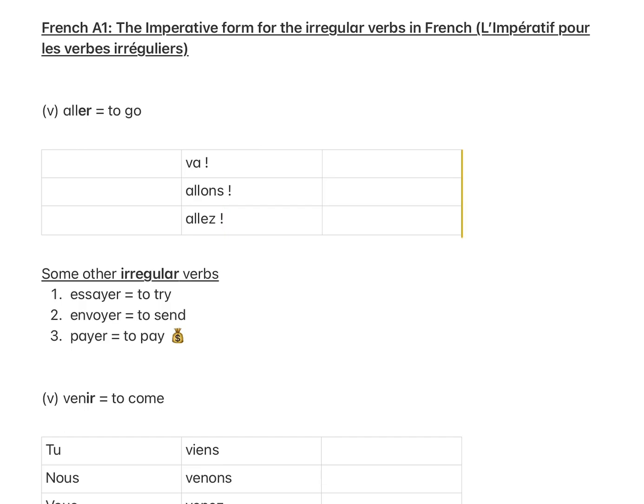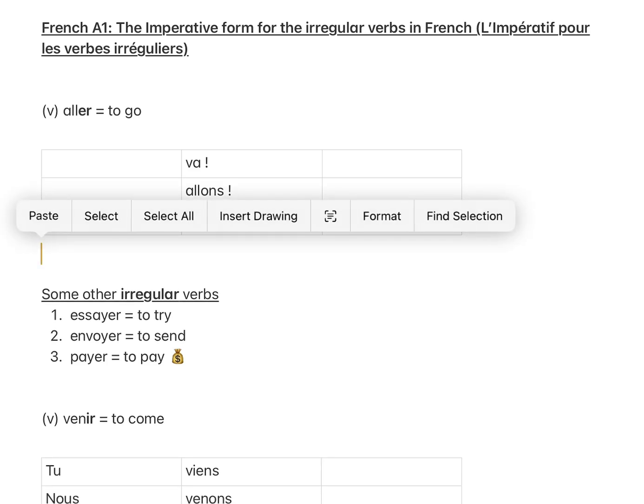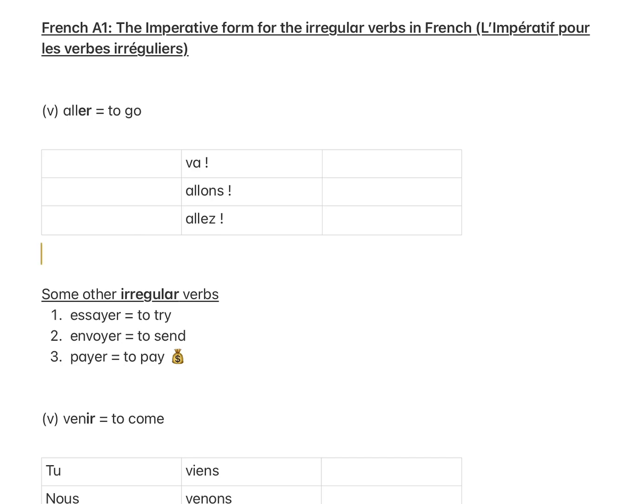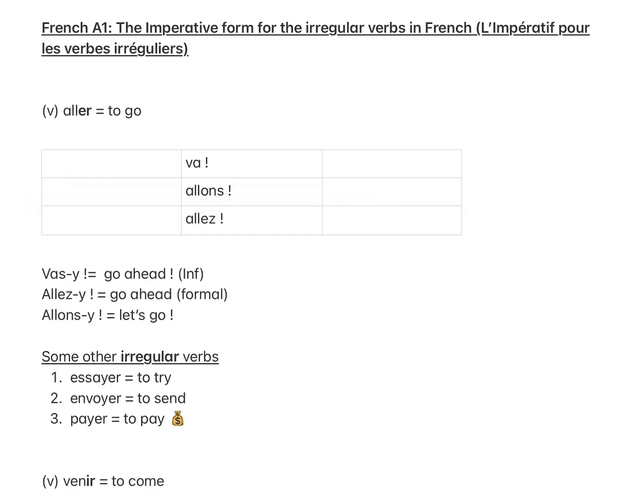Now, there are some expressions that shouldn't be confused with the imperative form of the verb aller that we just saw. That is vas-y.